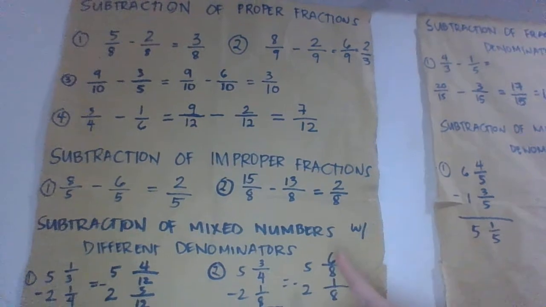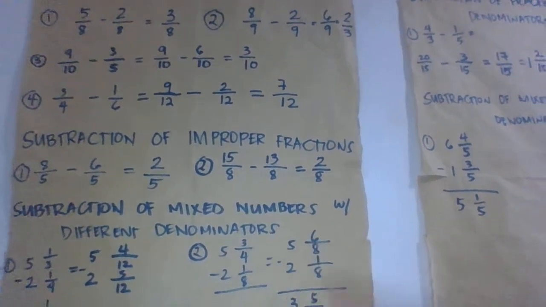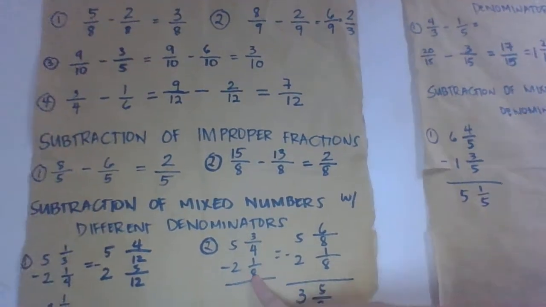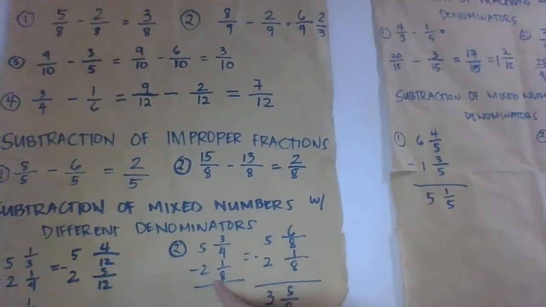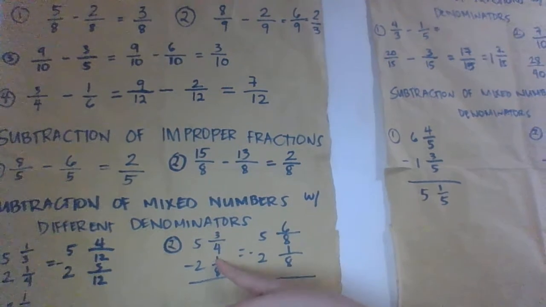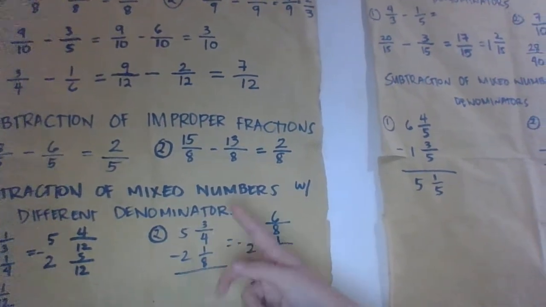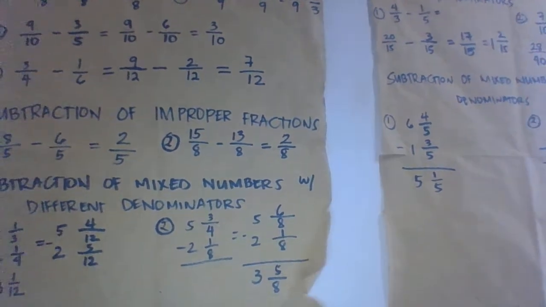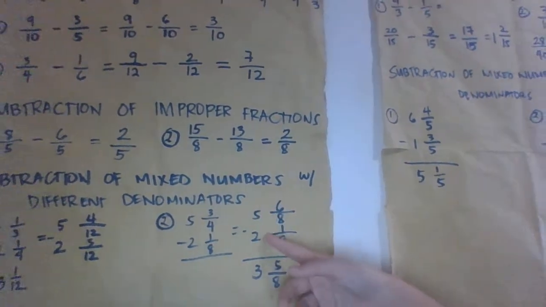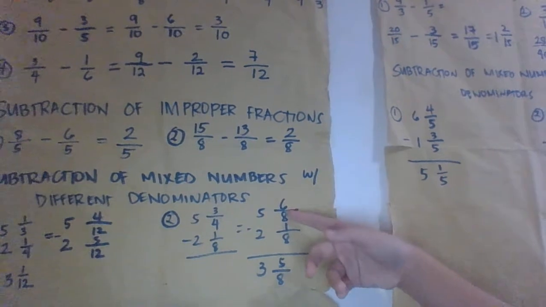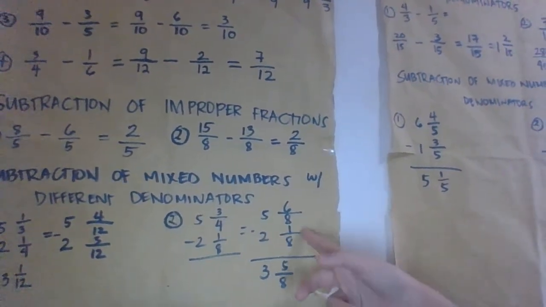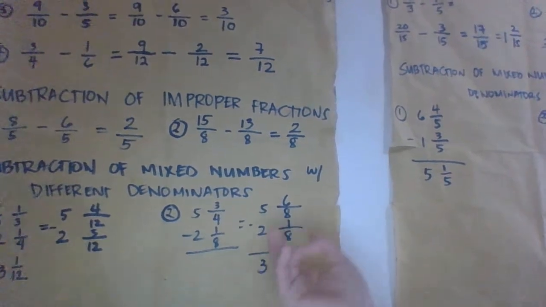Now let's go here. 8 times 1 equals 8, and we also need to times it here. 1 times 1 equals 1. So we can now subtract. 6 minus 1 equals 5, over 8. We just need to copy it here.